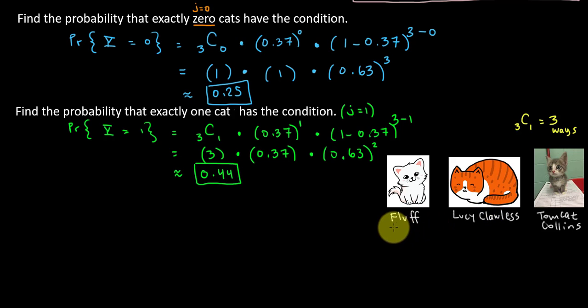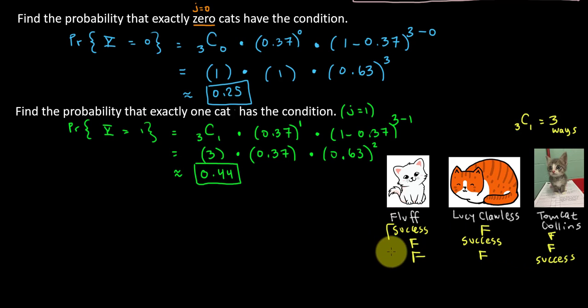Fluff could have the condition, success, but Lucy Clawless and Tomcat Collins may not, F for failure. That is one way. Or Fluff is a fail, Lucy Clawless is a success, and Tomcat Collins is a fail. Last but not least, Fluff and Lucy Clawless could both be failures in the sense they don't have polydactyly condition, and then Tomcat Collins is the success.